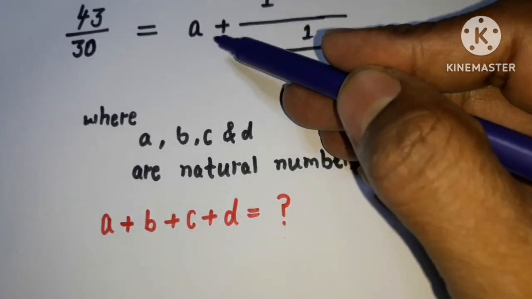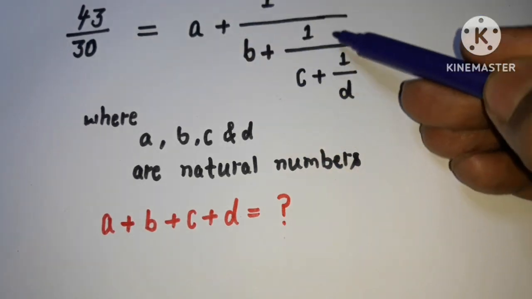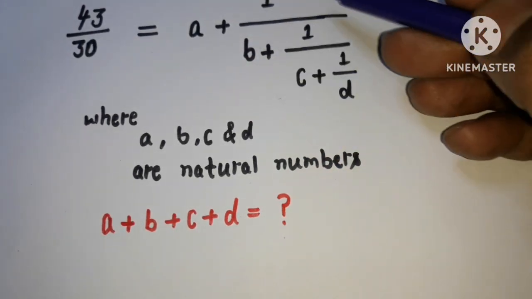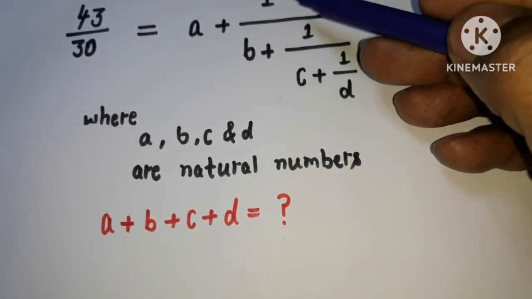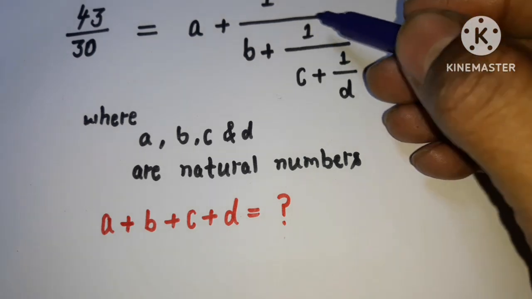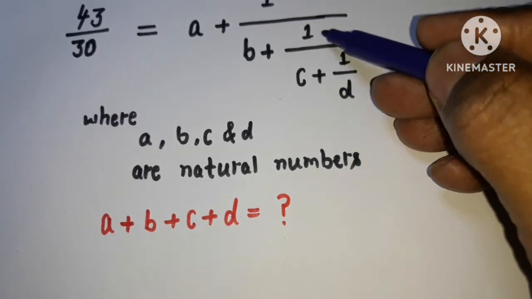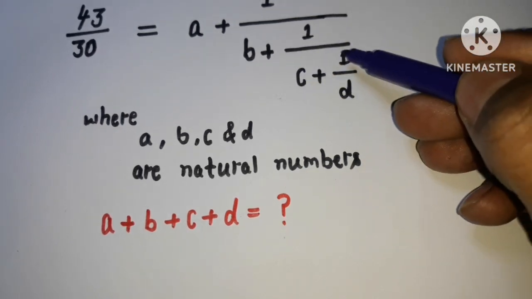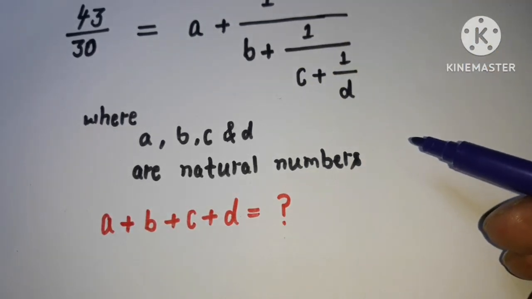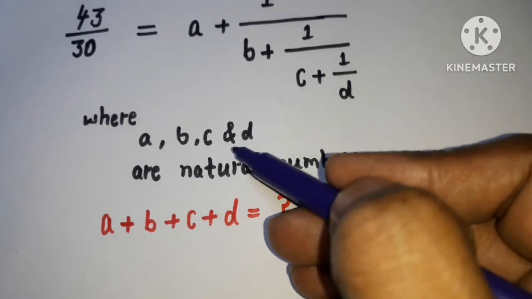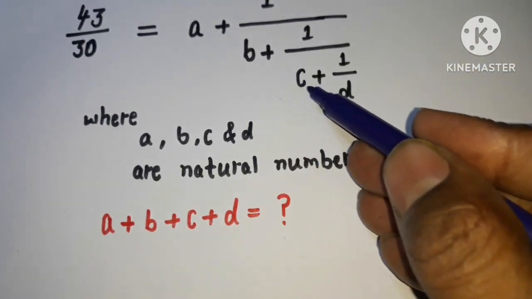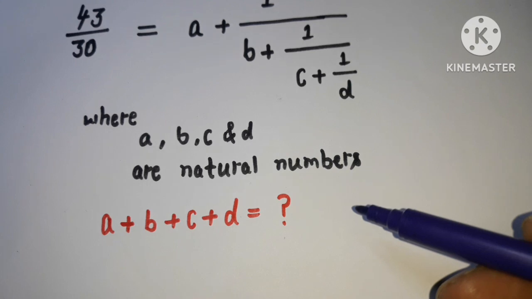So here a is a natural number, and the other part is in terms of a fraction, p by q, and that q is also a natural number and a fraction. So basically we have to find the sum of all the natural numbers.